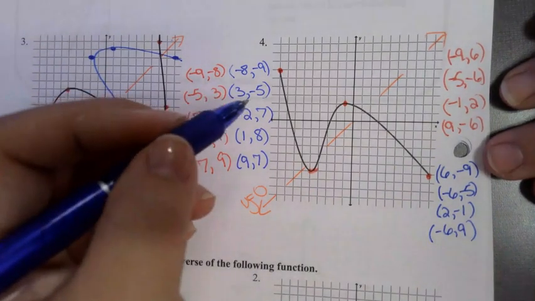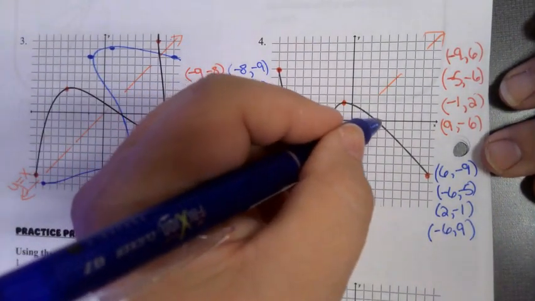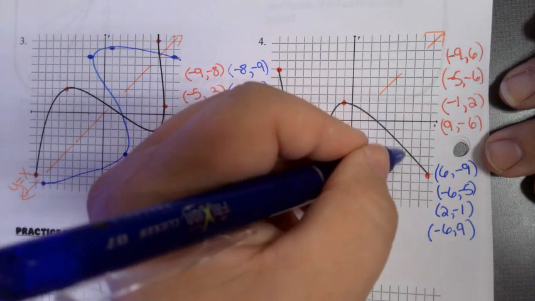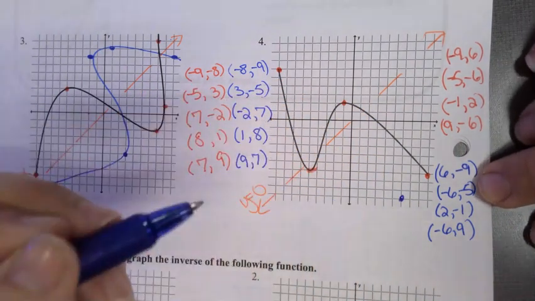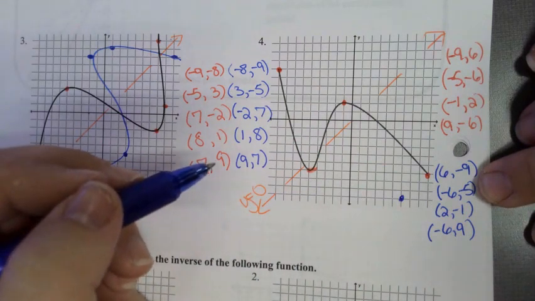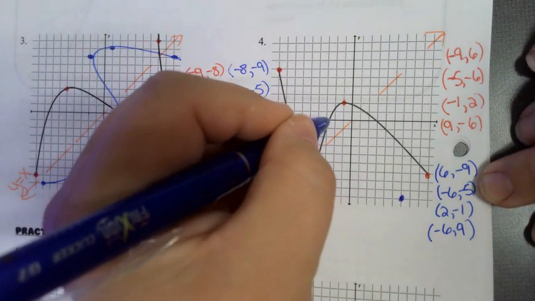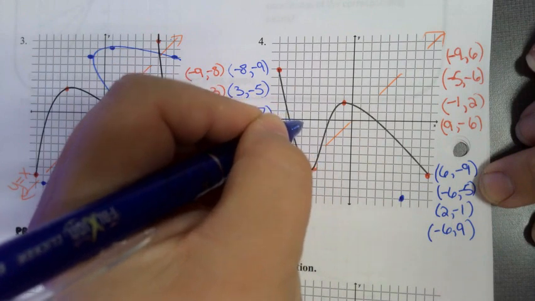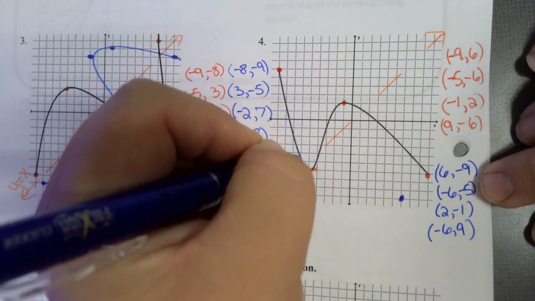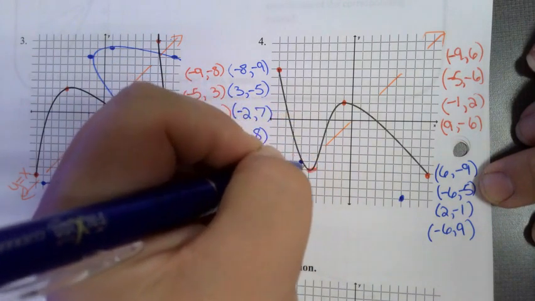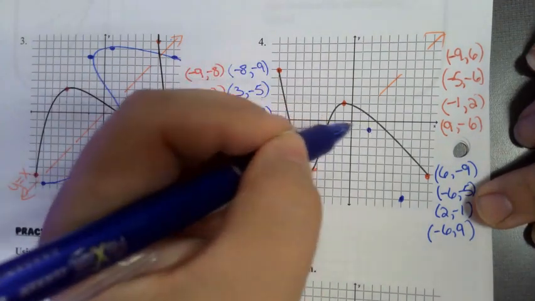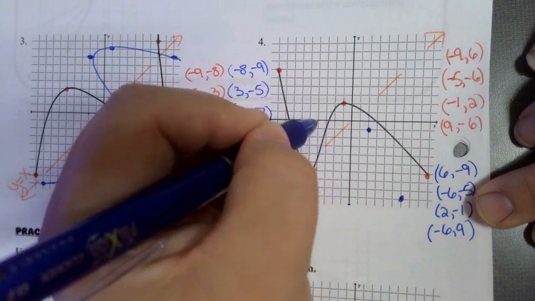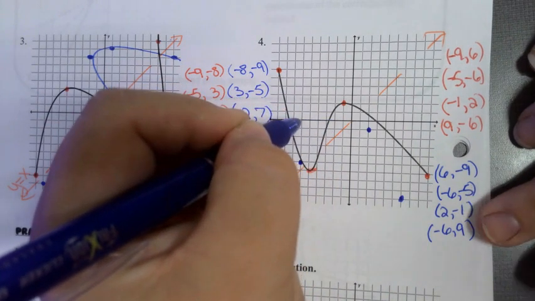So (6, -9), and then we have (-6, -5), (-2, -1), and (-6, 9).